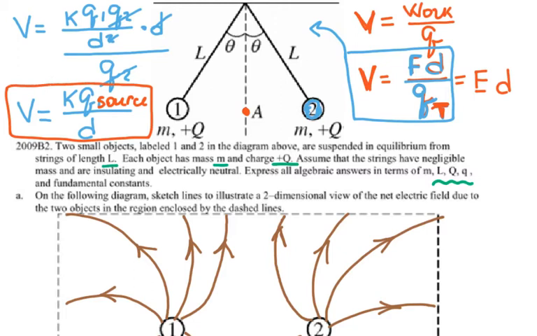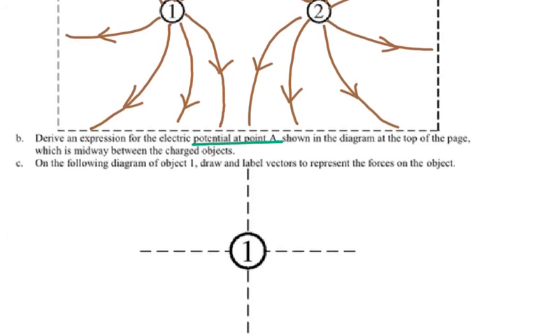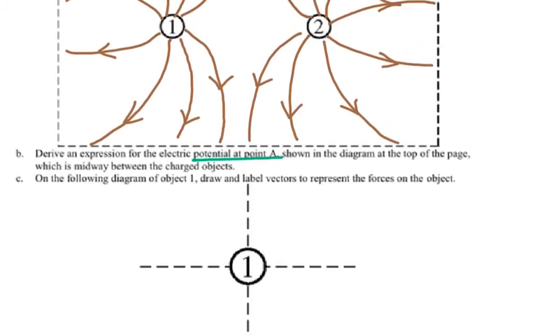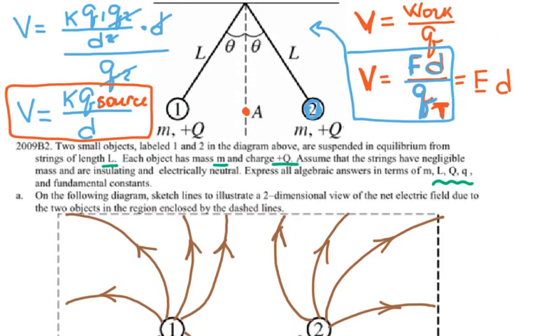Going back to the problem they gave us, they asked me to find the potential difference at point A. So I could use the formula that I just found.